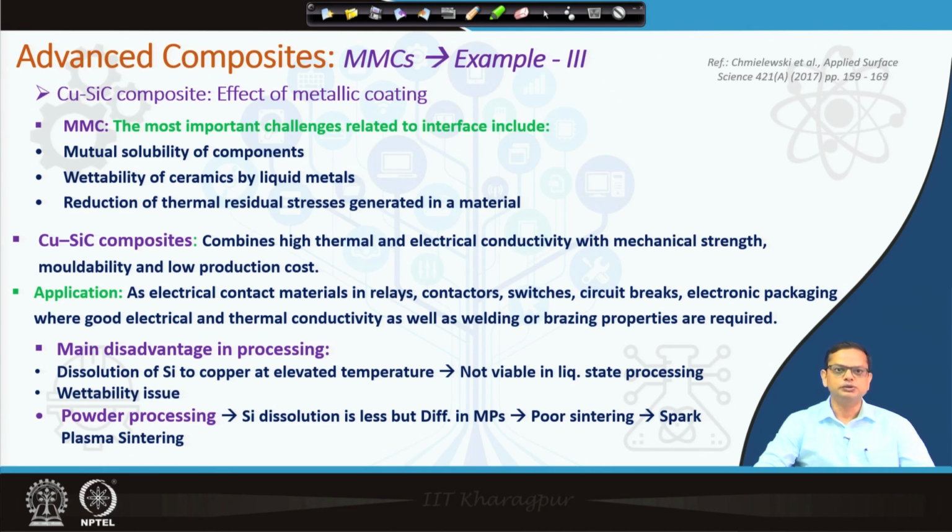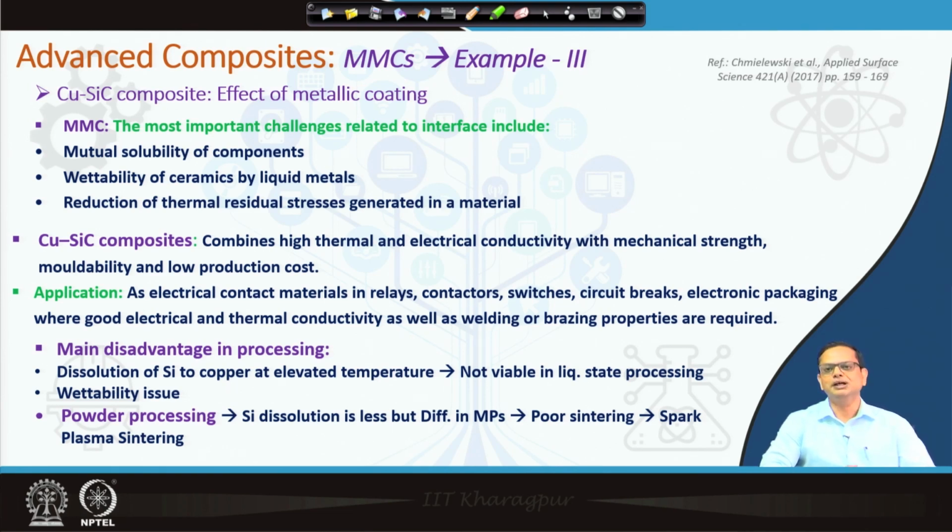So, if possible, we should avoid liquid state processing. But if we avoid liquid state processing, the major problem would be densification, as the interface will not be very adherent. If you go for solid state processing, wettability will be an issue, because there is no liquid phase now.